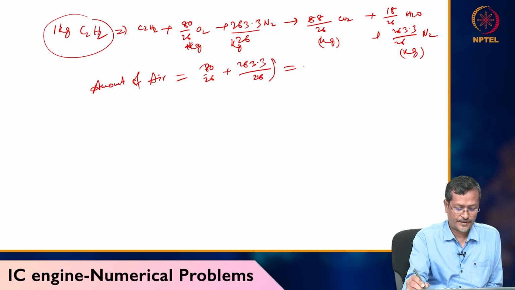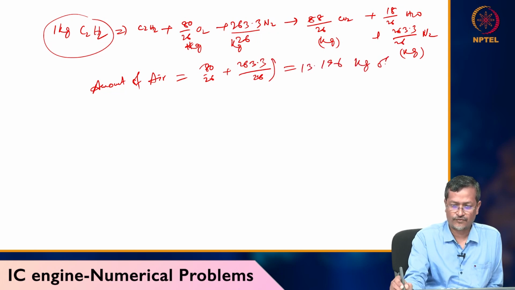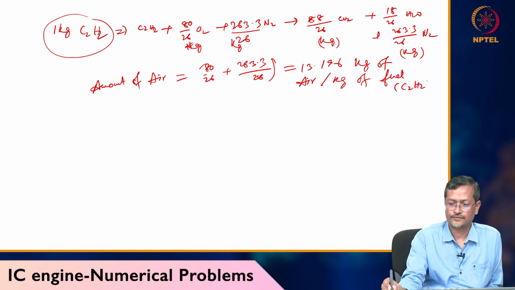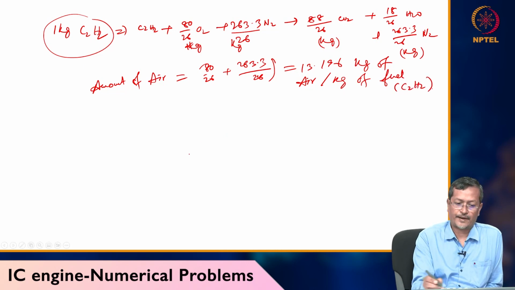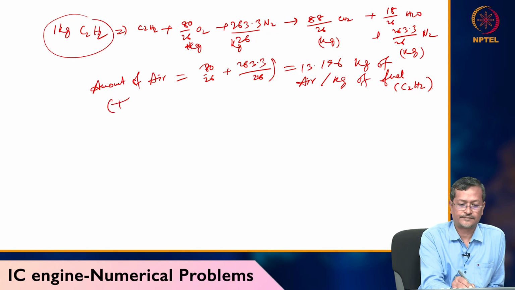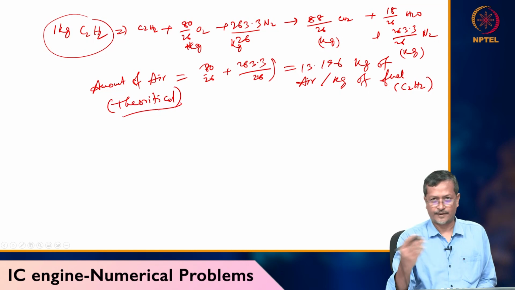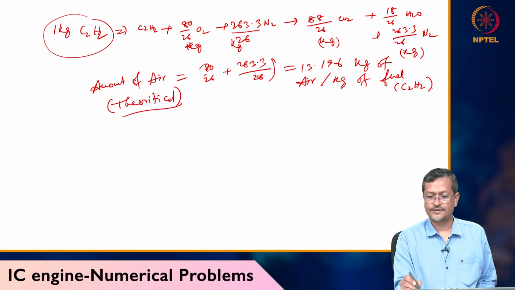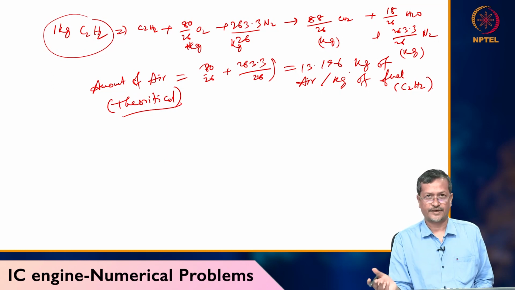So it is giving 13.196 kg of air per kg of fuel, or C2H2. Hence this is the theoretical amount of air. If required, you can give a higher or lower amount, but that is a different story, we will calculate later. But the actual amount is 13.196 kg of air you have to give.